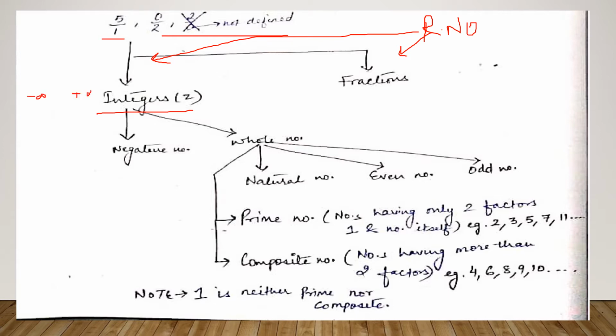Numbers like minus 2, minus 1, 0, 1, 2, 3. You can see these are normal numbers, not decimals. If you write 2.1, 2.2, that will not come in integers. In integers, we use only simple numbers like minus 2, minus 1, 0, 1, 2, 3, 4, 5, 6, 7, 8, 9, 10, and so on.